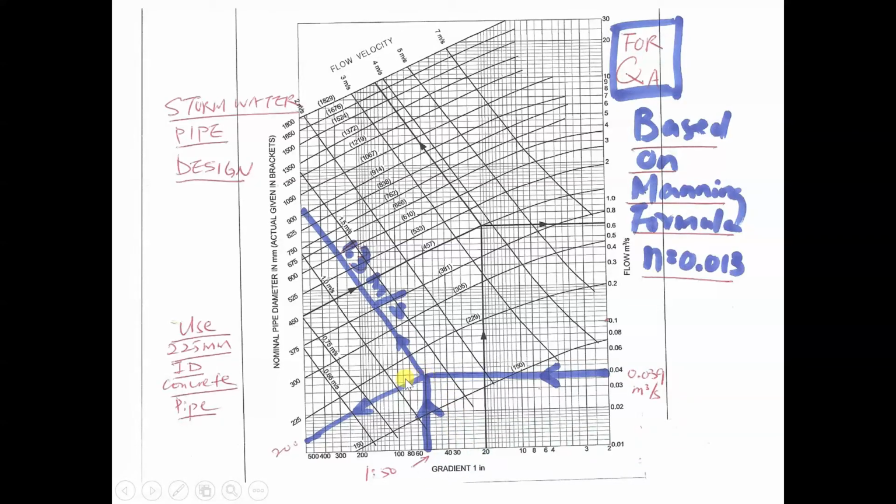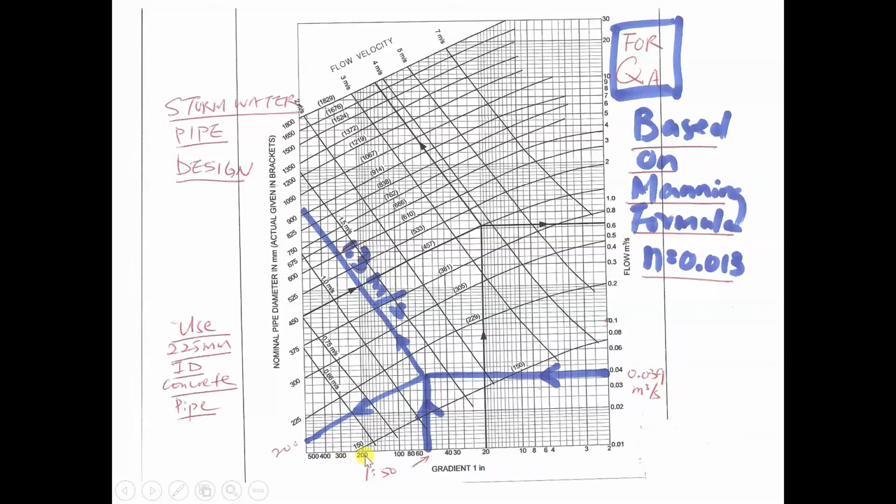So we follow this line through along, parallel to the top and bottom line, and we estimate it is about 200. The pipe that we need is 200, so we adopt the 225. Use a 225 internal diameter concrete pipe.